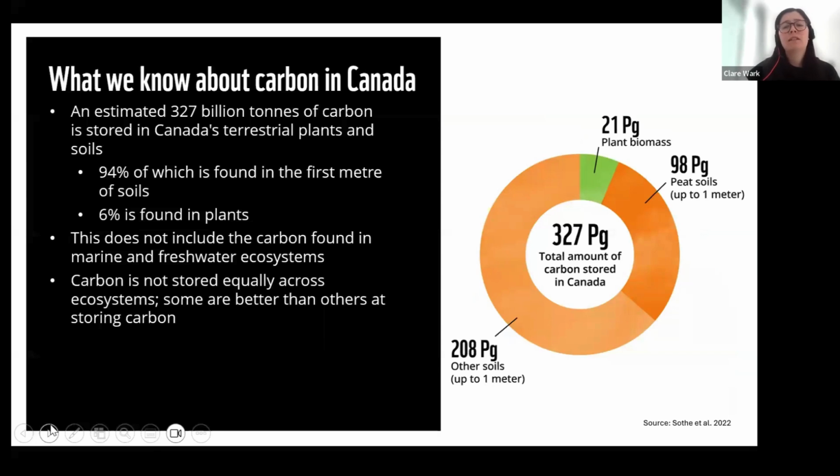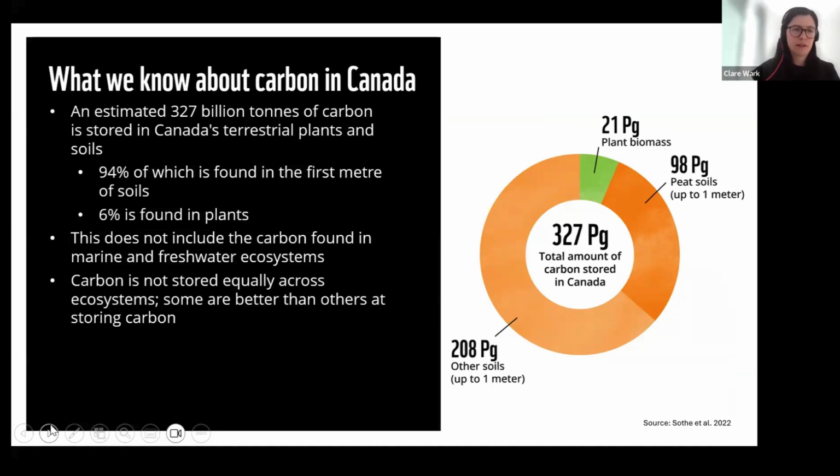We know that there is an estimated 327 billion tons, or 327 petagrams, of carbon stored in Canada's terrestrial plants and soils. So you can see in that visual on the right, it uses PG as the unit, and those are just petagrams. So 1 petagram is equal to 1 billion tons.